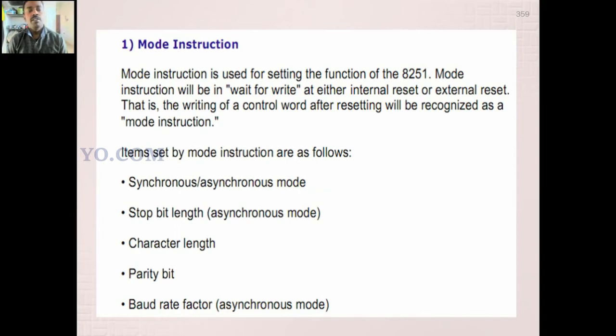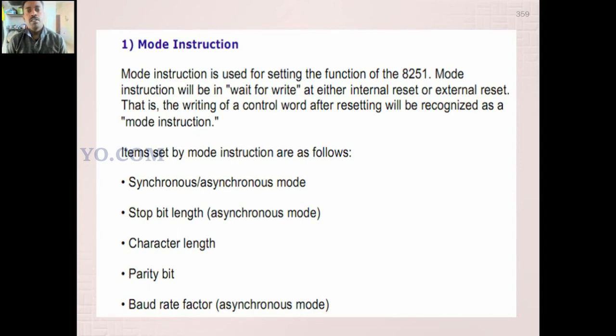The items set by the mode instruction are as follows. First is synchronous and asynchronous mode, then stop bit length, asynchronous mode character length, then parity bit, and baud rate factor. These items are set by the mode instruction. Whether the device is operated in synchronous or asynchronous mode: synchronous mode means the transmitter and receiver use the same frequency.